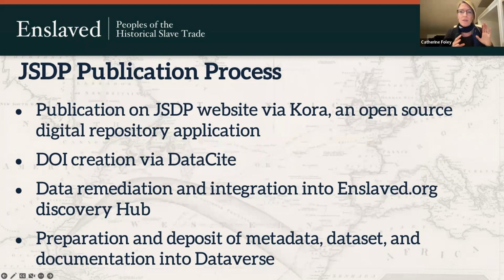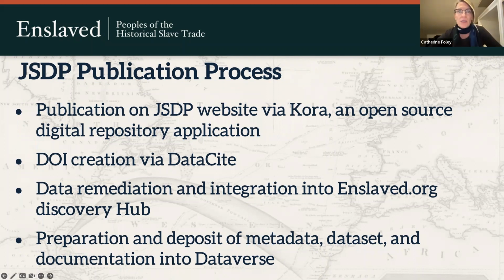So even though we use OJS to manage our submission and review processes, we manage the publication process in a different system. We publish the journal on our website via CORA, which is an open source digital repository application that was developed at the research center where I work, the Digital Humanities Center. And then we use a relationship with the MSU libraries to leverage the library's DOI minting platform, so we mint DOIs for the data articles using DataCite.